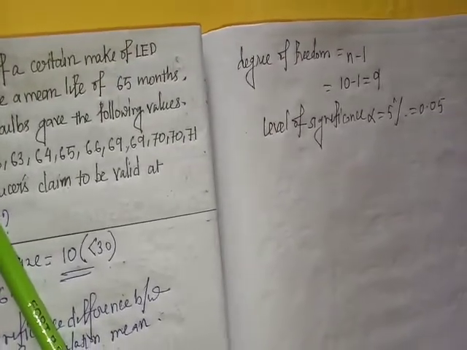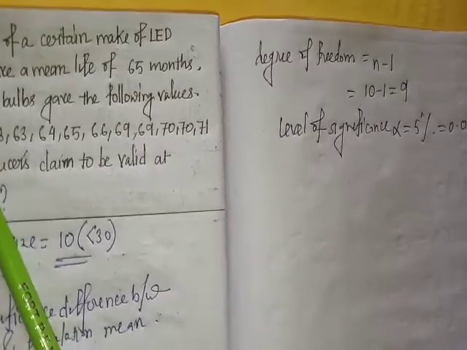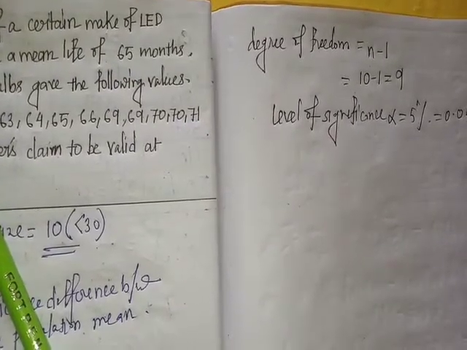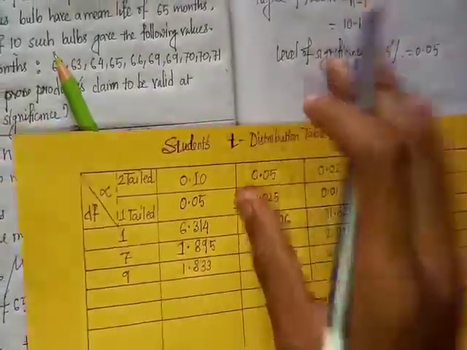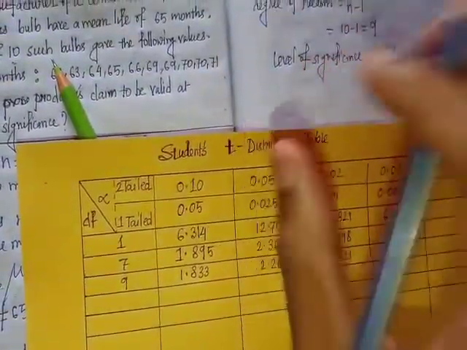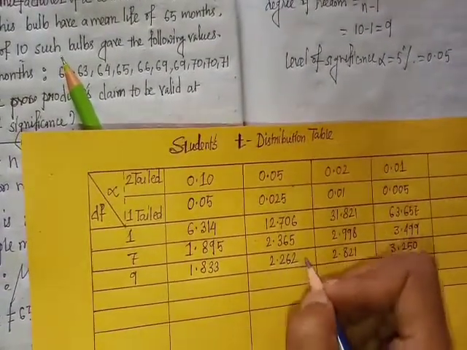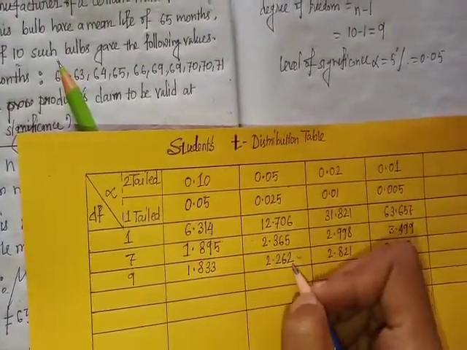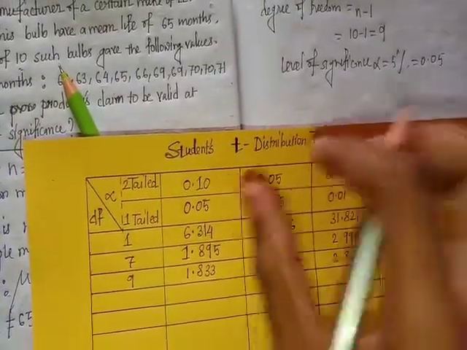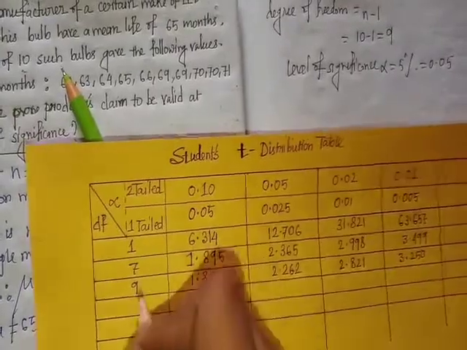Then the tabulated or critical value of T for 2 tail test at 5% level of significance with 9 degrees of freedom is 2.262.